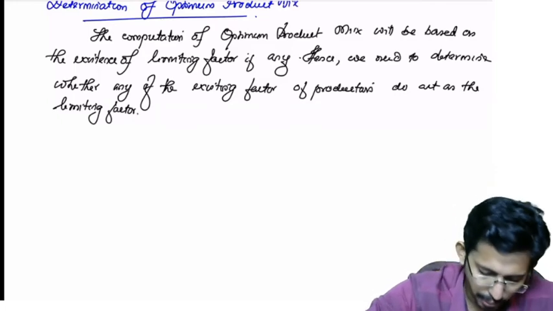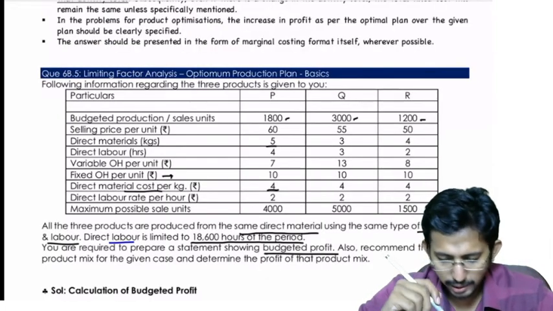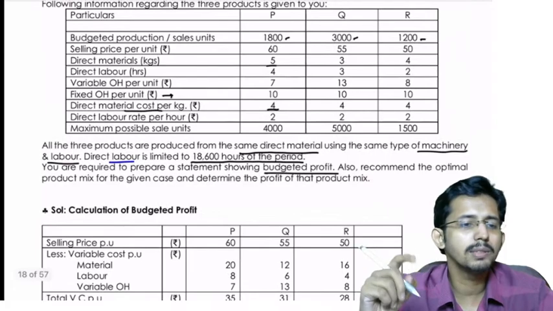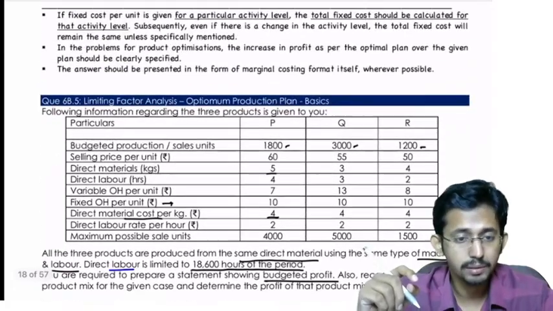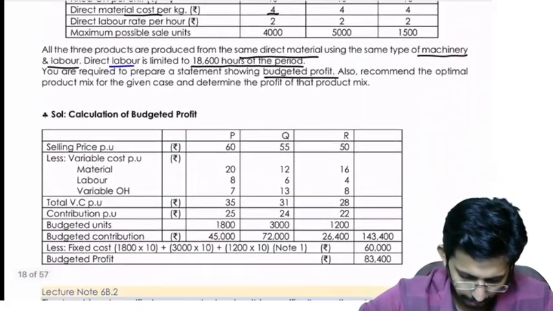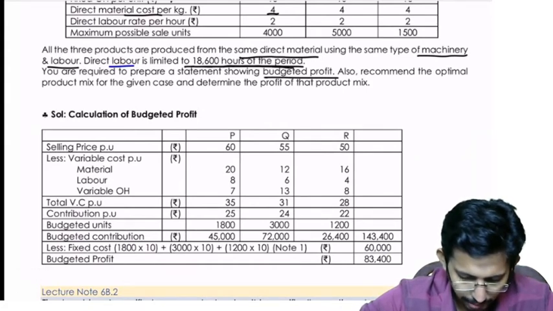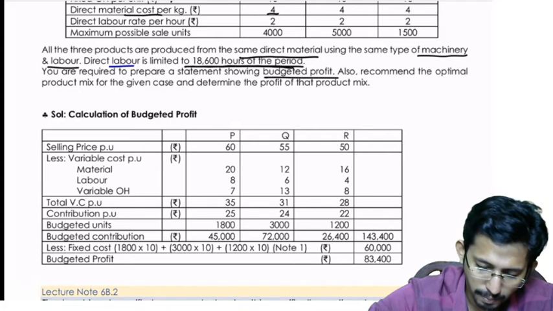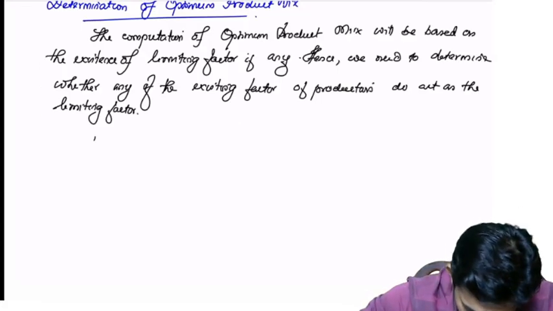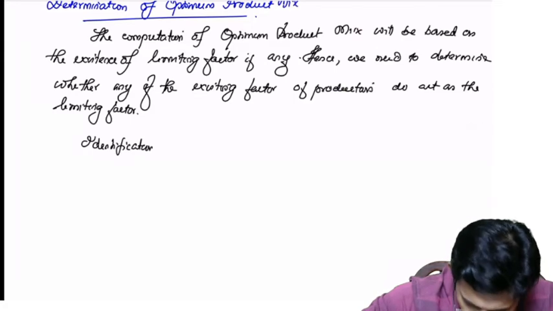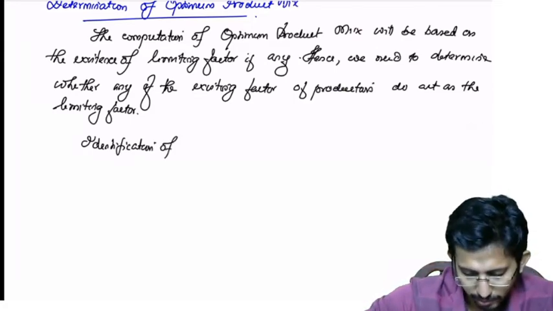Okay, now if you read the question carefully, the only possible factor of production which could act as the limiting factor is what? That is direct labor hours, and they say that the availability of direct labor hours is 18,600 only. Okay, so identification of limiting factor.